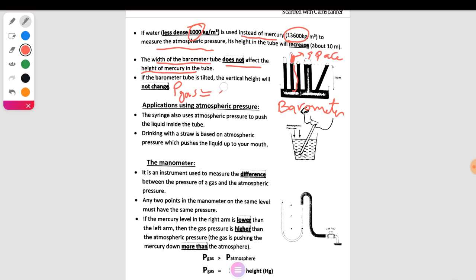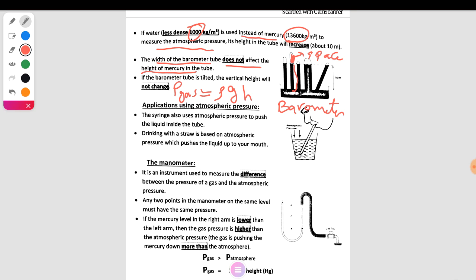P gas equals rho liquid g h, which depends on the density of the liquid. So we use mercury, of higher density than water. When we use a liquid like water, we need a tube of 10.33 meter. It is very difficult to use because the tube can break easily.